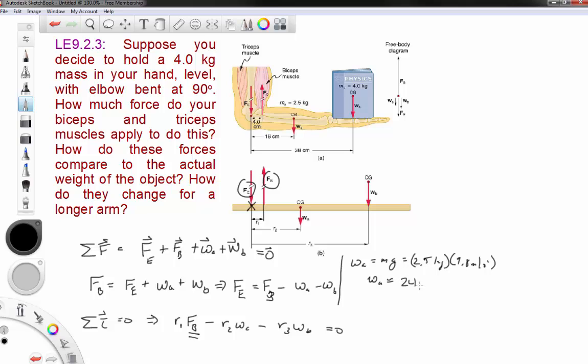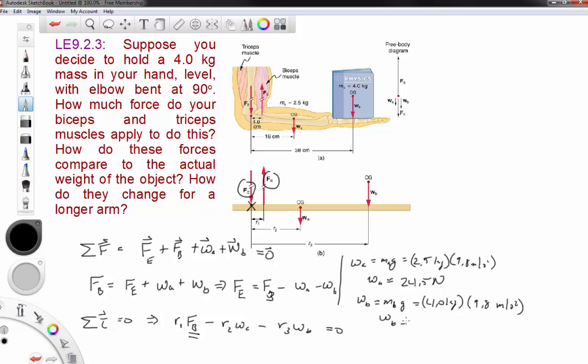24.5 newtons. And similarly for the book, the weight of the book is the mass of the book times the gravitational acceleration. So that's 4.0 kilograms times 9.8 meters per second squared.